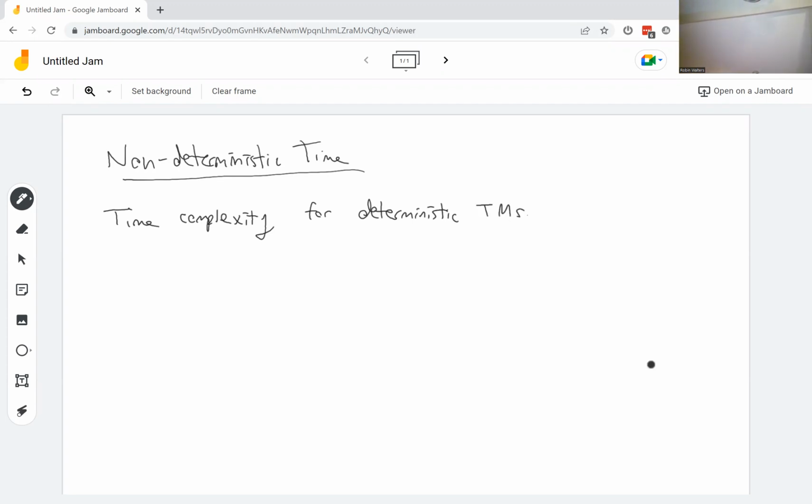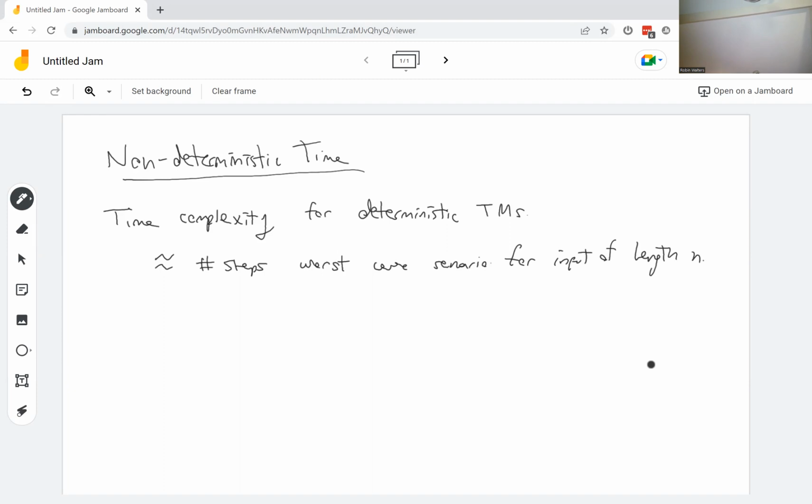And this was approximately the number of steps in a worst case scenario for input of length n.